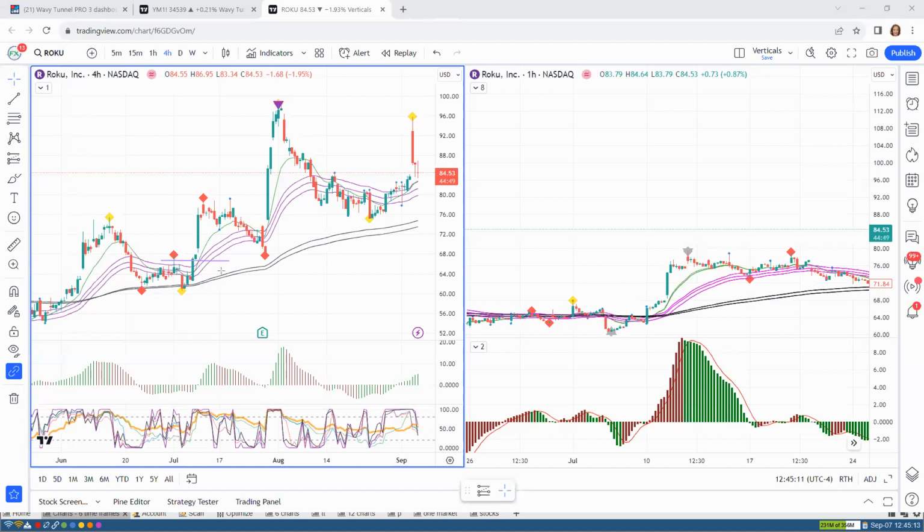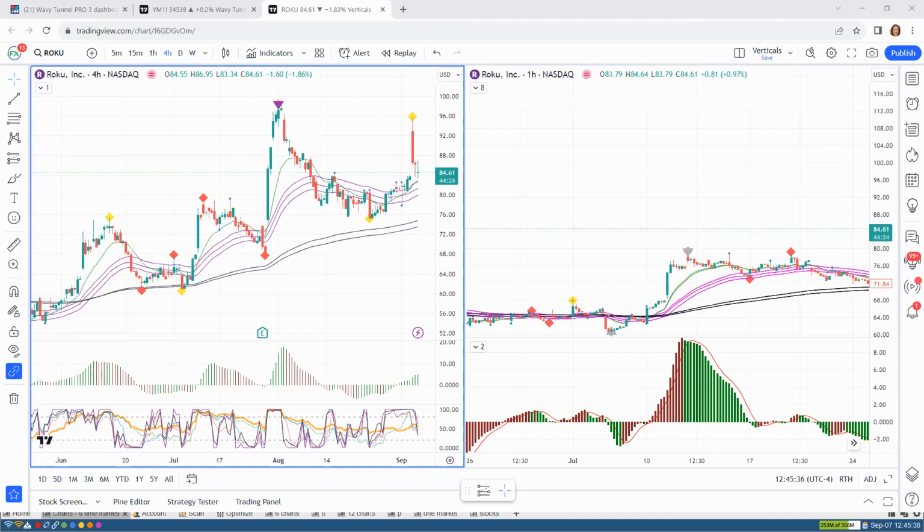So this is a good breakout trade. Previous high or above the wave, it's all in the same general area. Okay, so that answered that question.